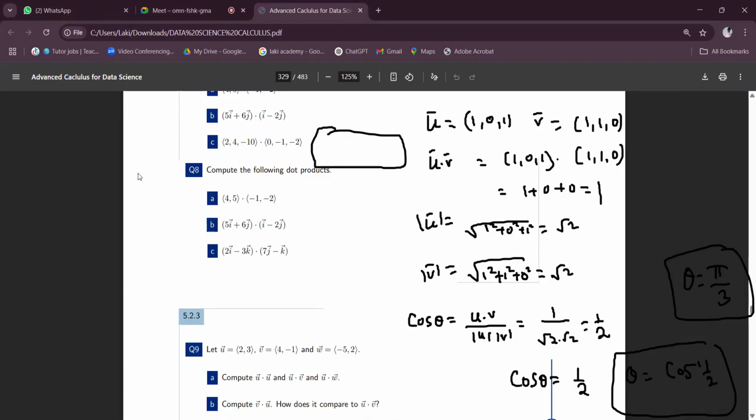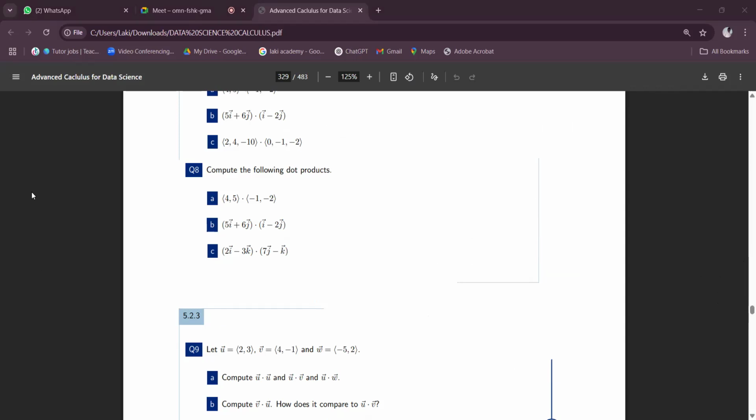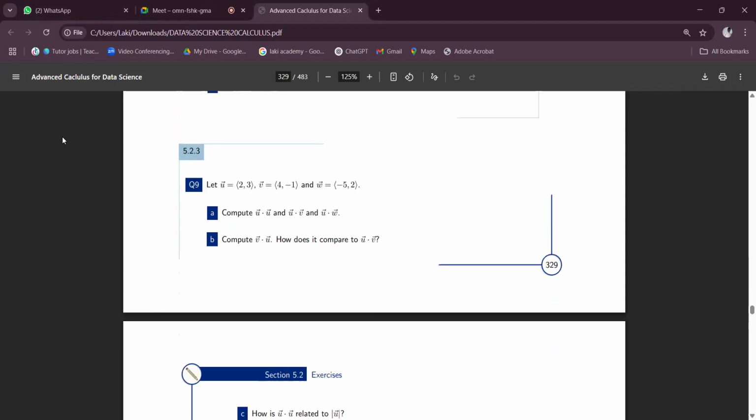So we need to convert them. We say 2, 0, 3 multiplied by 0, 7, 1. So what is the final answer? 2 multiplied by 0 is 0, 0 multiplied by 7 is 0, and it's going to be 3. Plus 3, right?